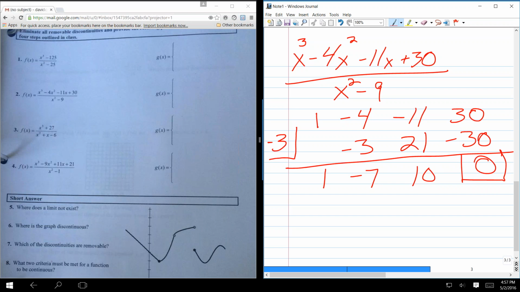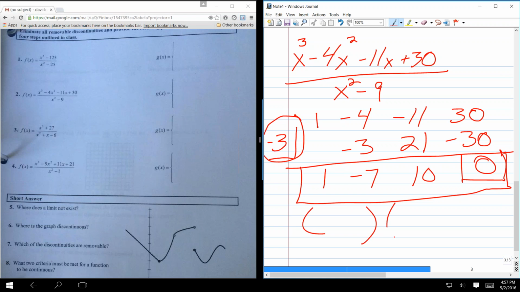Okay. So what is the linear factor of the numerator? In other words, between that and this, I know what the numerator factors into. What does it factor into? What's the linear factor and what's the remaining quadratic factor?